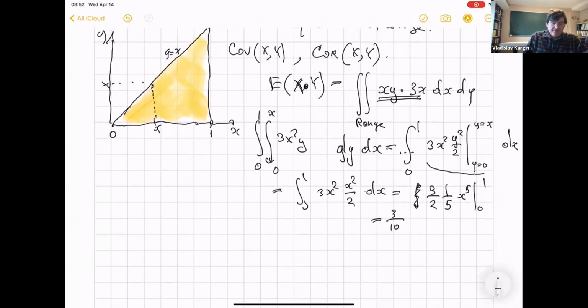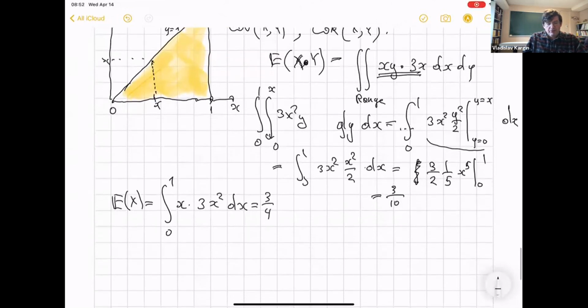Now after that you need the expectation of x. We already calculated it. It's the integral from 0 to 1, the range of x, of x multiplied by the marginal density of x, which was 3x squared dx. If you continue this calculation, you'll find that this is equal to 3/4.